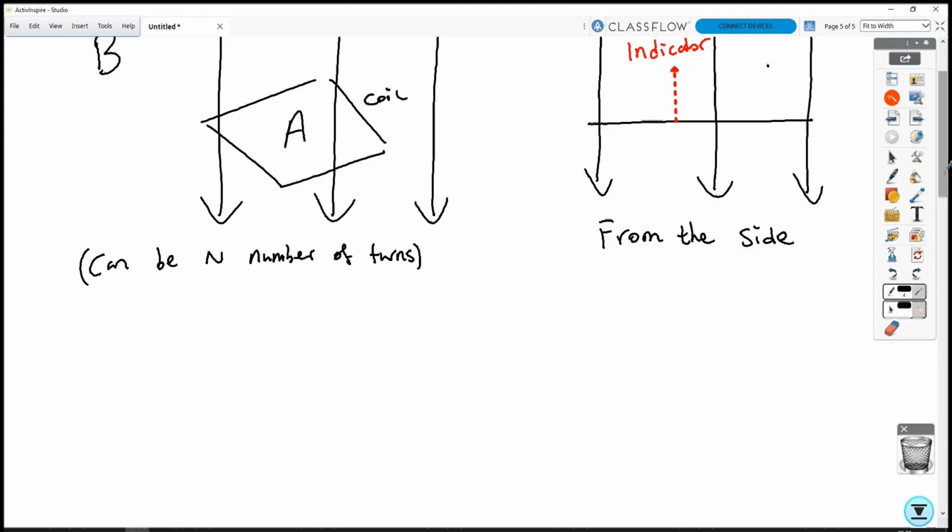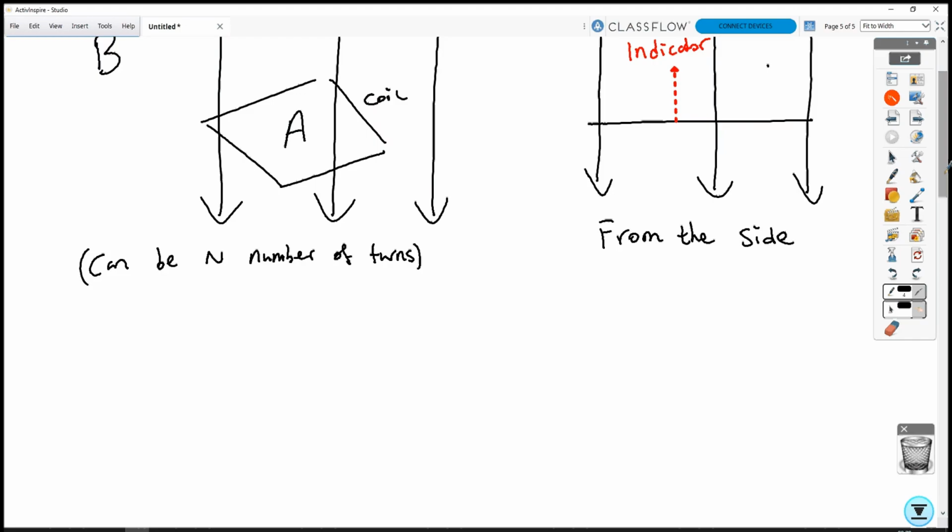Now, the total flux that passes through that area is going to be the flux density, how tightly packed the flux is, multiplied by the area encompassed by that coil.